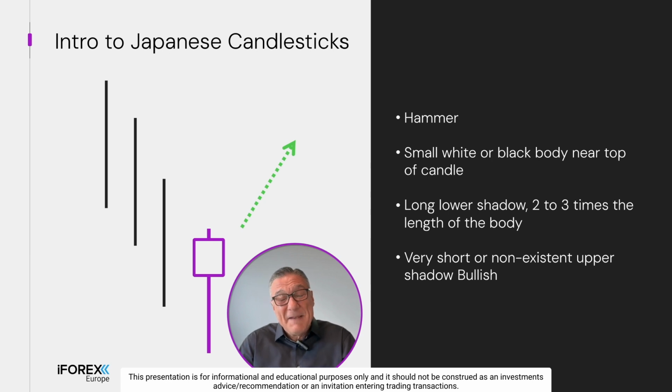And it has a very small upper shadow, so the buying activity was very limited on the upper area of the candlestick. But there is a long lower shadow, more specifically 2 to 3 times the size of the body.